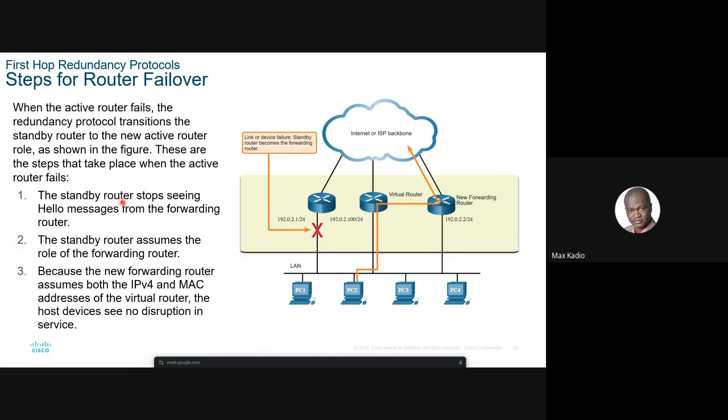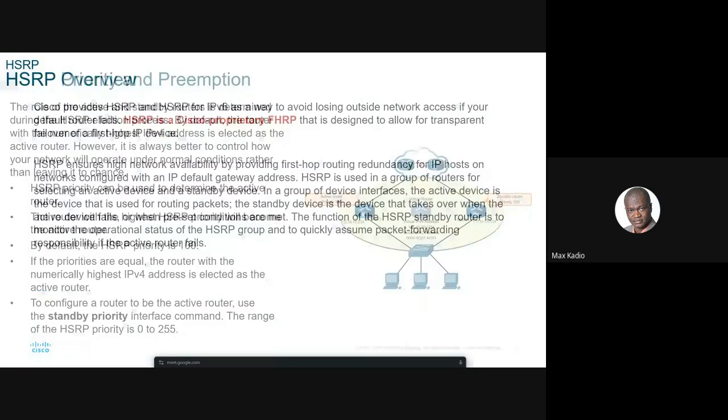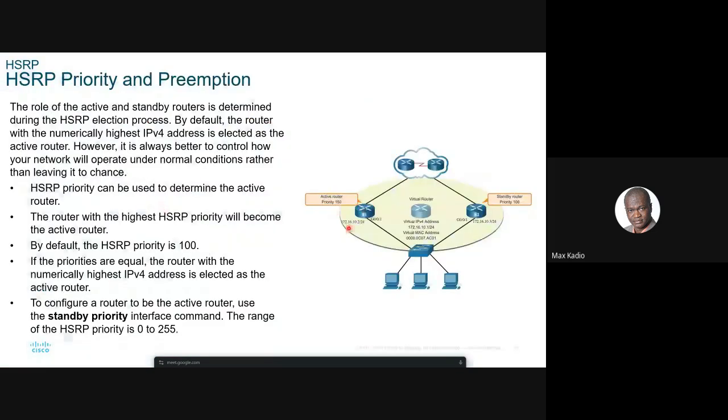Now, how will you know the standby router and the active router? When we do our configuration, there is a section called priority. The highest priority wins; by default, if you don't configure, it's 100.